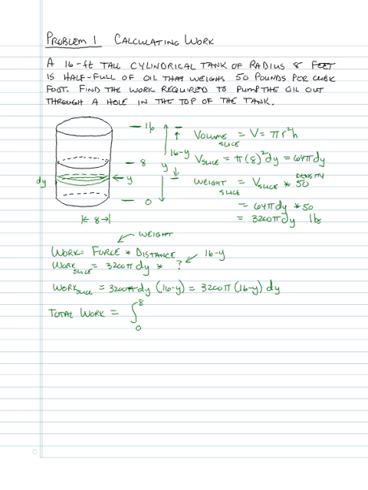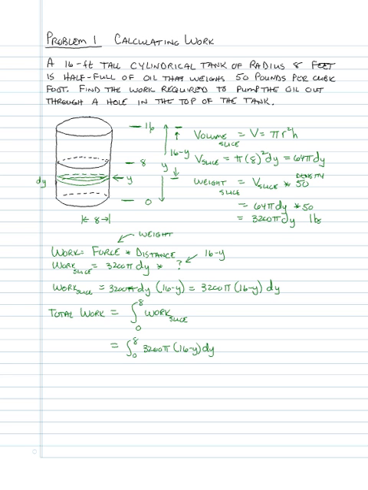So we're going to add up all of the different work values for each of the different slices. And of course the work for each slice we have above, so what we need to do then is integrate from 0 to 8, 3,200 pi times 16 minus y dy.